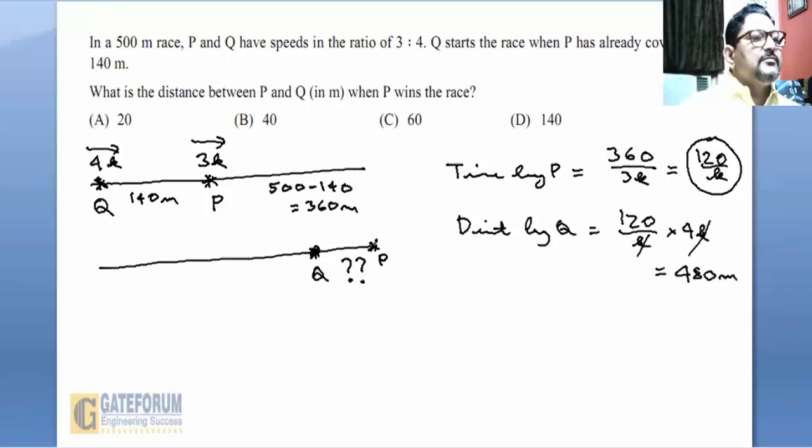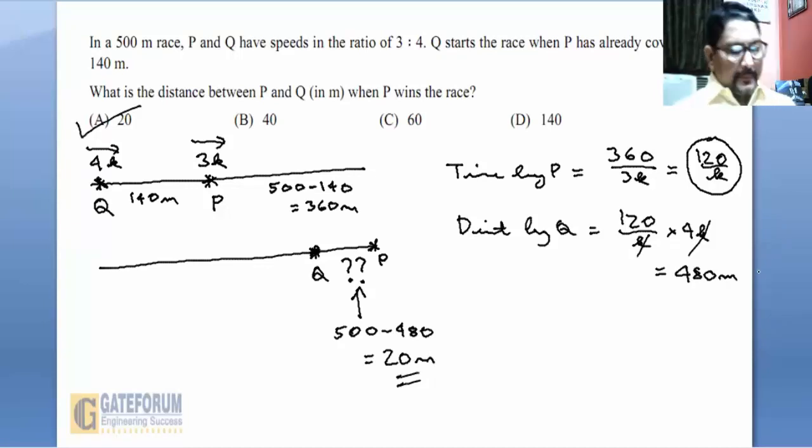So P has covered 500, whereas Q has covered only 480. So this portion must be 500 minus 480, that is equal to 20 meters, which is our correct option. Let's go to the next one.